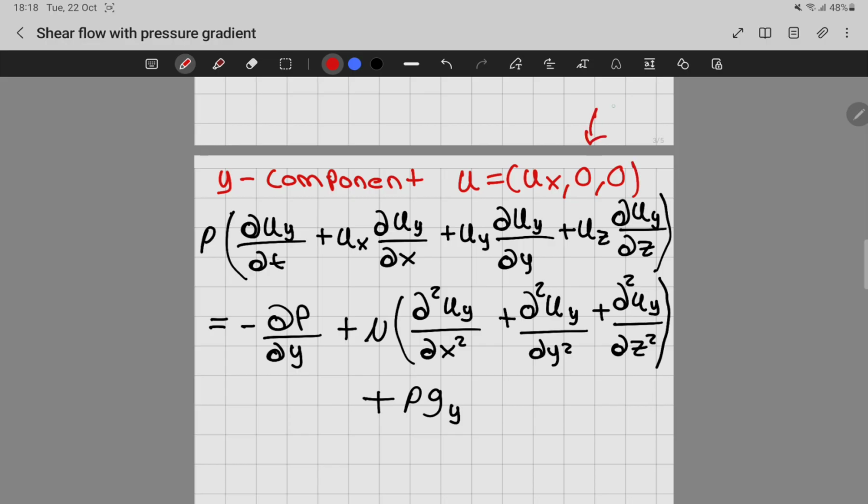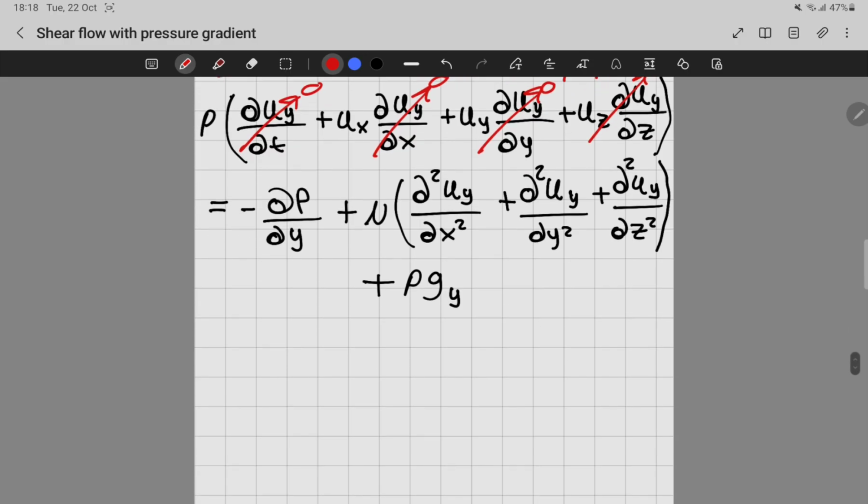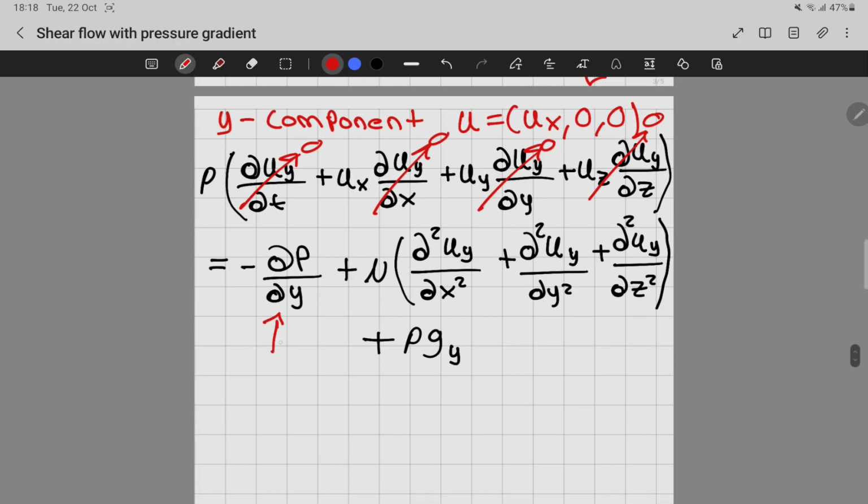So uy is 0, so this whole term is 0. ux is different than 0, but uy is 0, so this derivative is 0. uy is 0, and the derivative of uy with respect to y is also 0. uz is also 0, and also uy is 0. So this is all 0. We do not know the exact value of the variation of the pressure in y direction, so we leave it here.